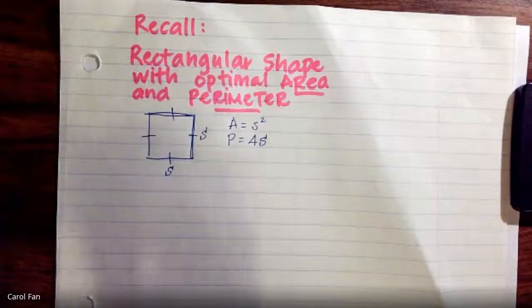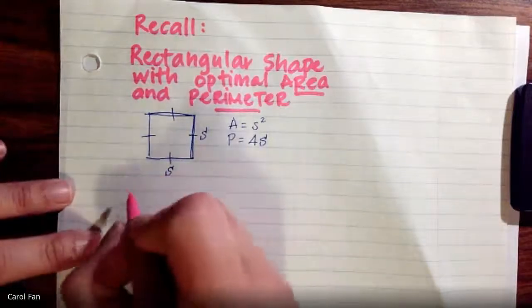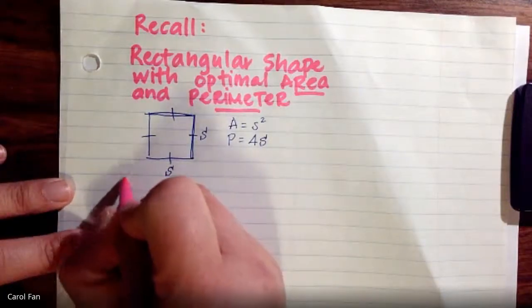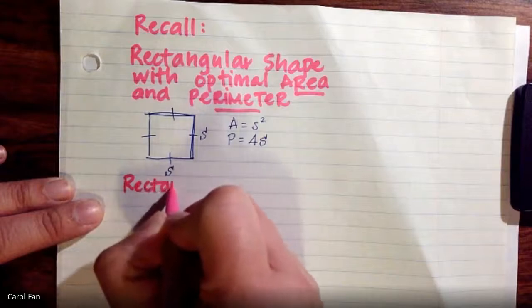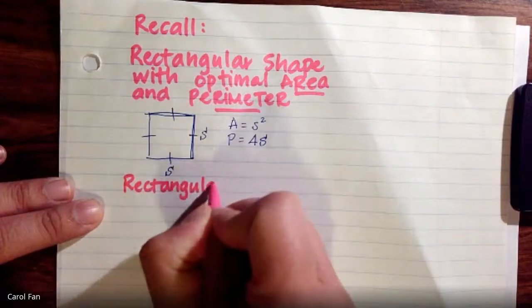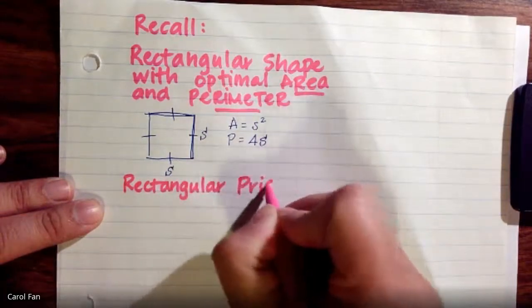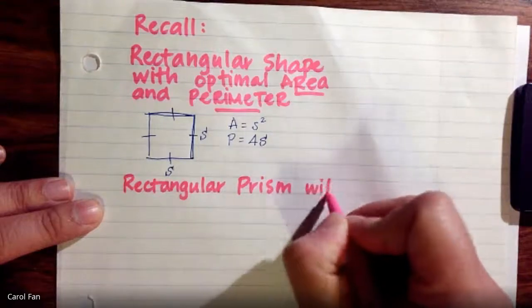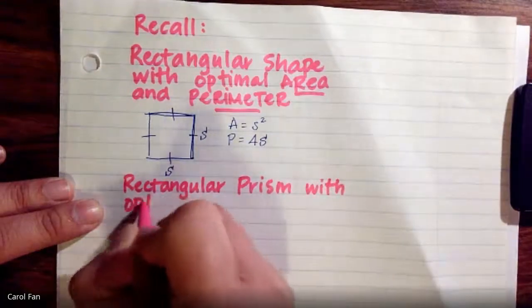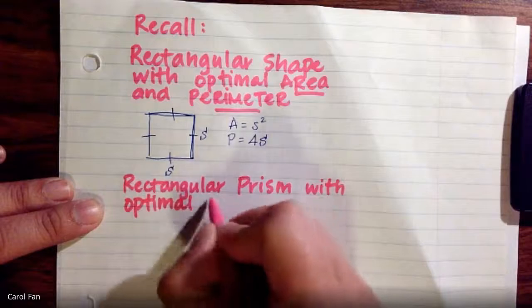Now, this follows that if we were to make it a 3D shape, we would have a rectangular prism with optimal volume and surface area.